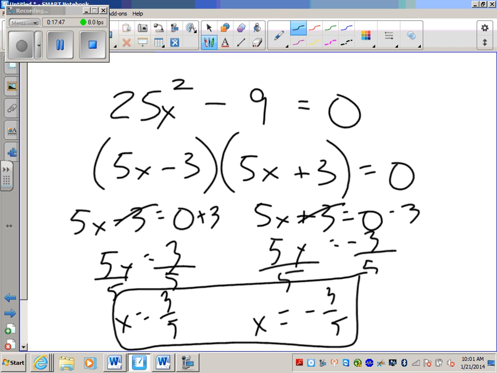So, wait, what if I had the negative 3 over 5 on the left side? If you had this as your final answer and we didn't, then you lucked out, then you were fine. There's still both solutions. It doesn't matter which one goes first, because if you think about it, I could make that one plus, that one minus, it's still the same thing.